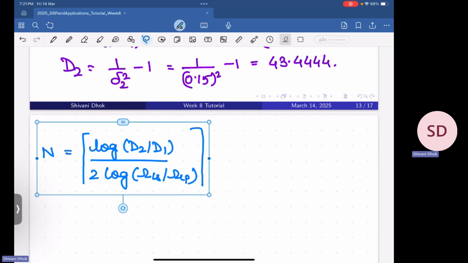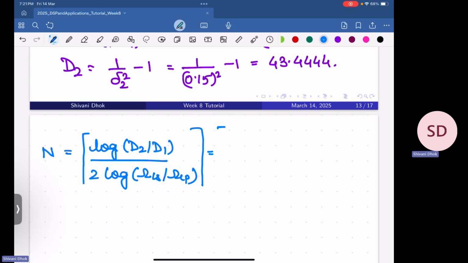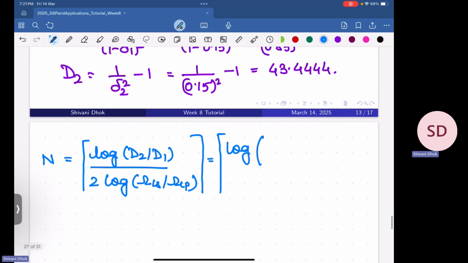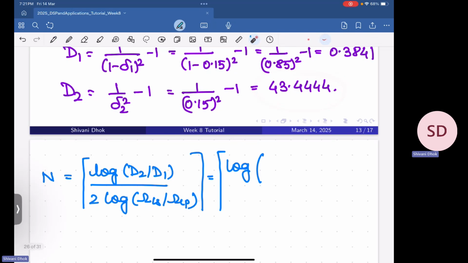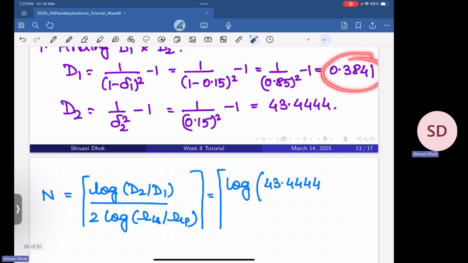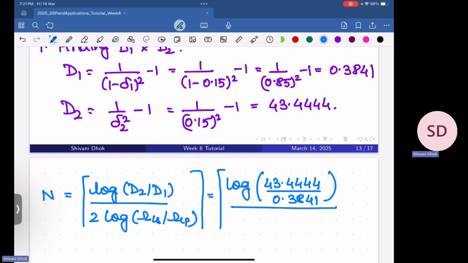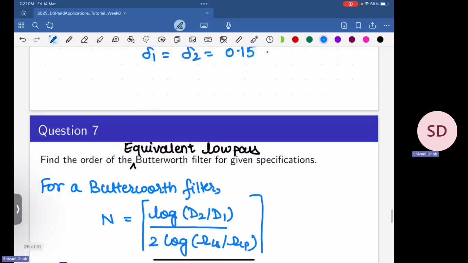So this is equal to the ceiling of log of d2, that is 43.4444, and d1, that is 0.3841, divided by 2 times log of omega ls by omega lp.